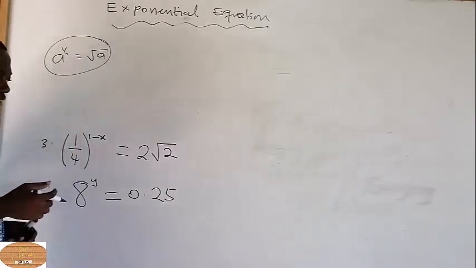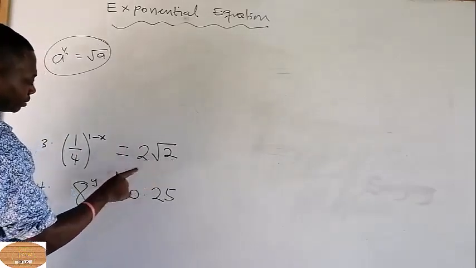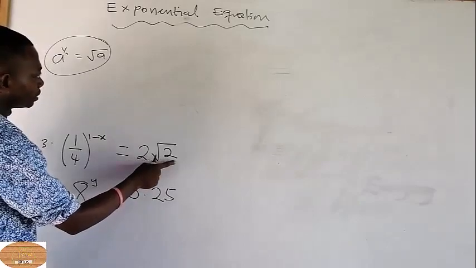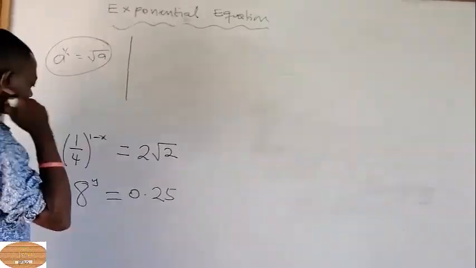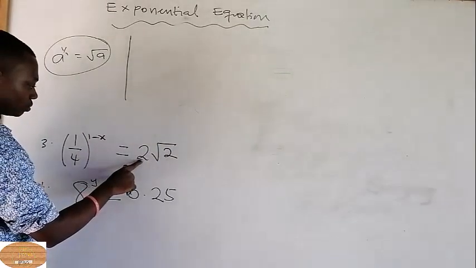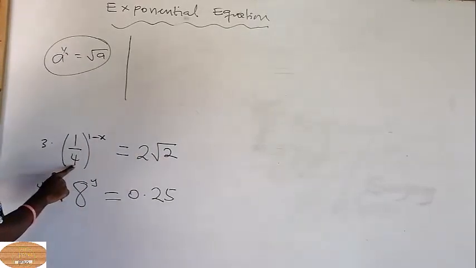We said that. So we are going to change this one. Don't forget this one is 2 times this. So I can say 1 over 4. And since this side is 2, we have no option but change this one also, 2 to the power 2, which is 4.